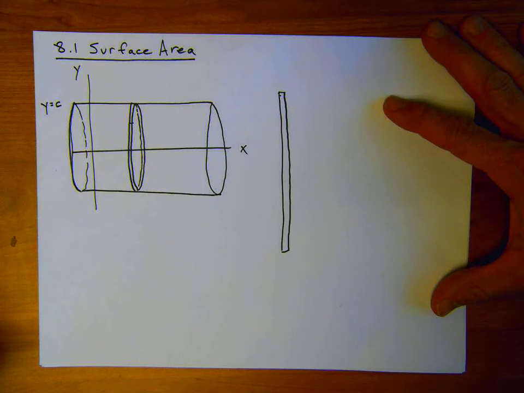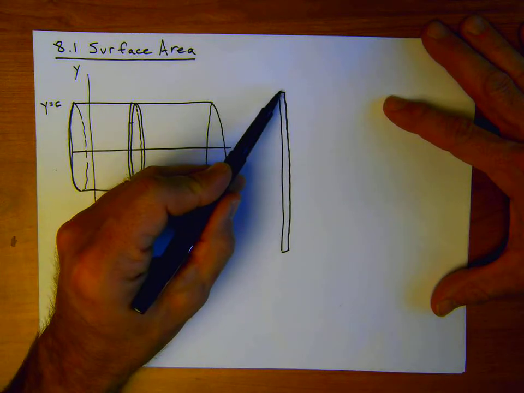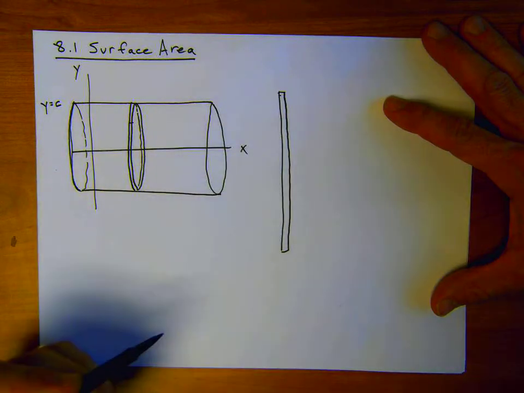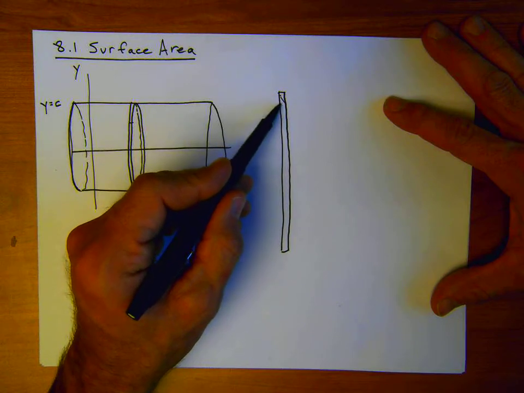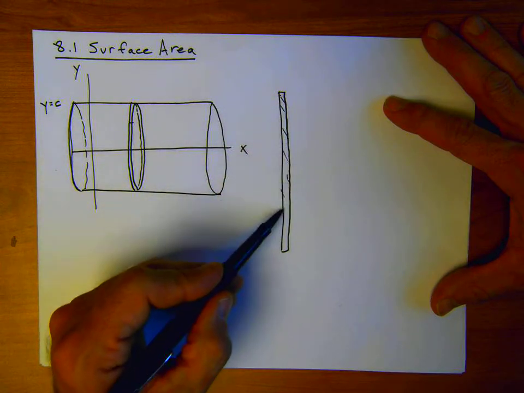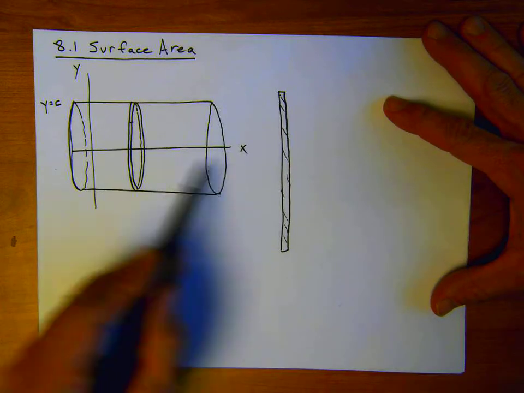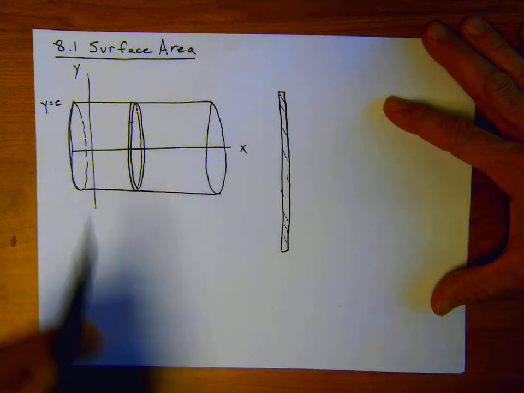If we can figure out what the lengths of the two sides of this rectangle are, then we would have the surface area of this piece, and then we could add up all the surface areas along our entire cylinder to get the surface area of the cylinder.